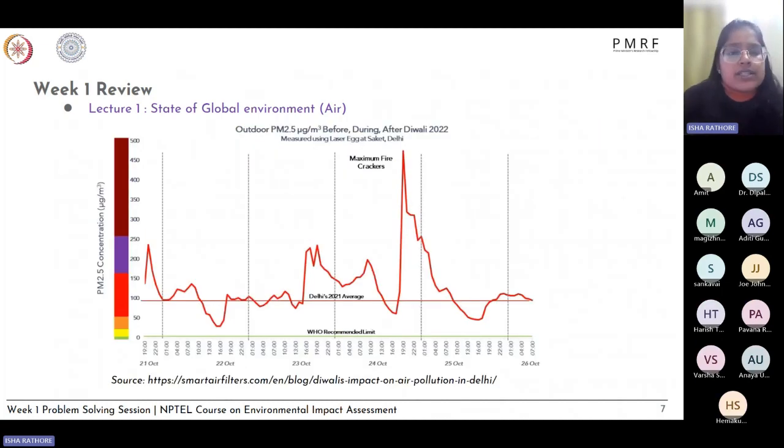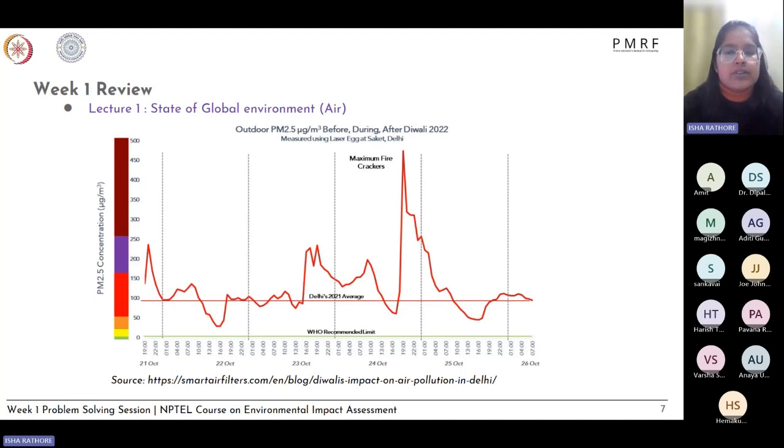If we look at the particulate matter 2.5 concentration, which is displayed on the y-axis, we see the duration from 21st October to 26th October. This is the week in which Diwali was observed.